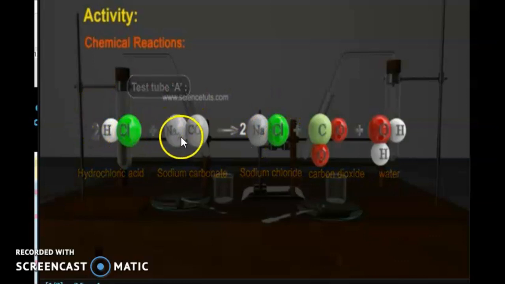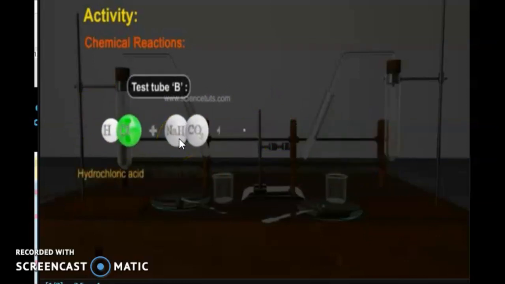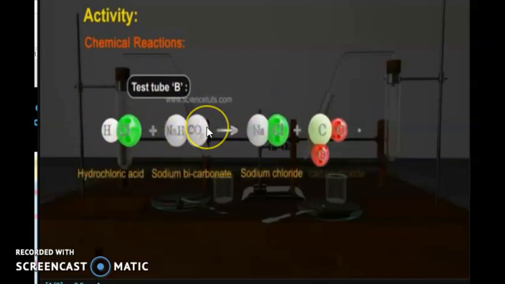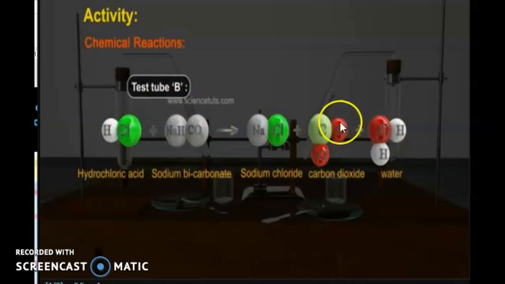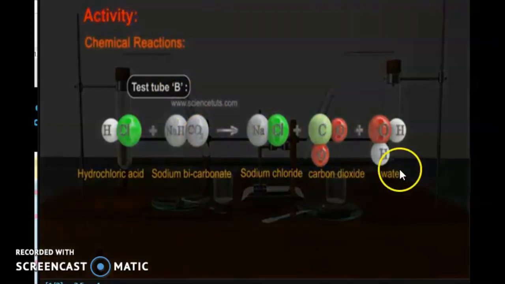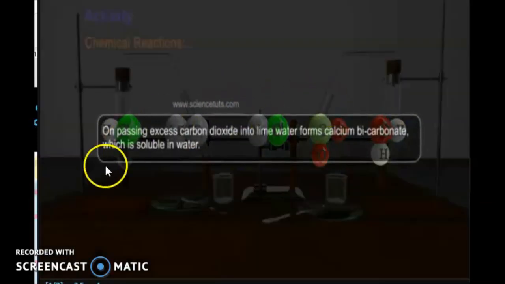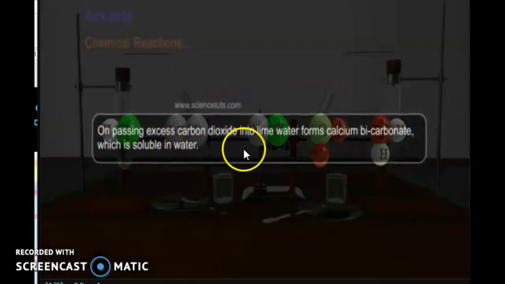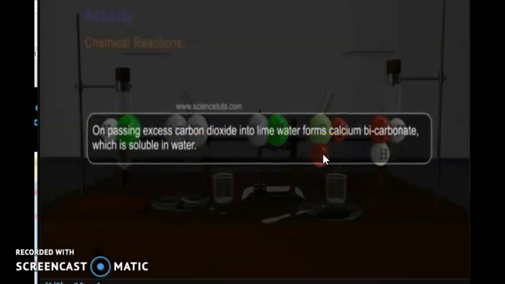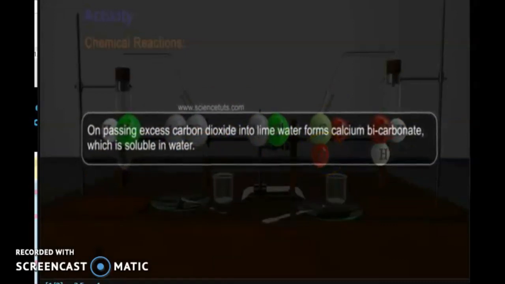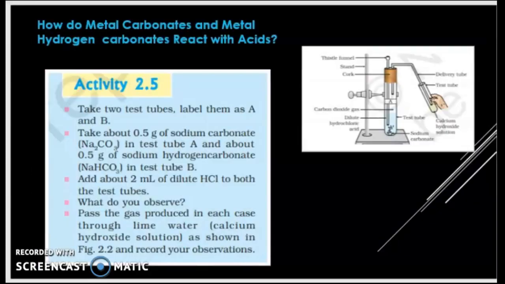HCl reacting with Na2CO3 gives NaCl plus CO2 and H2O, and in test tube B you will also get sodium chloride, carbon dioxide and water. The second step is passing excess carbon dioxide into lime water, which forms calcium bicarbonate, which is soluble.